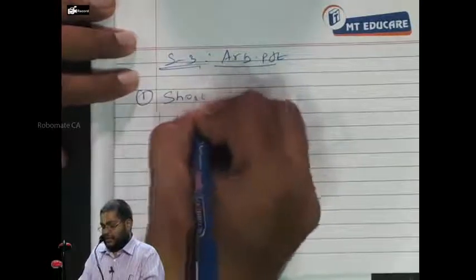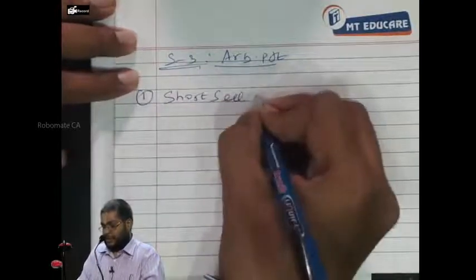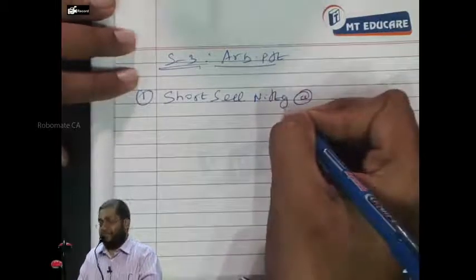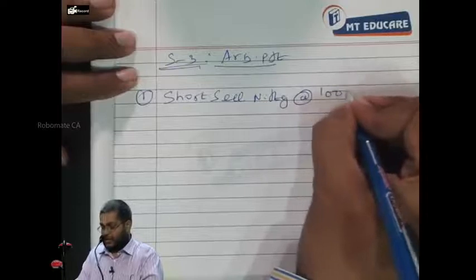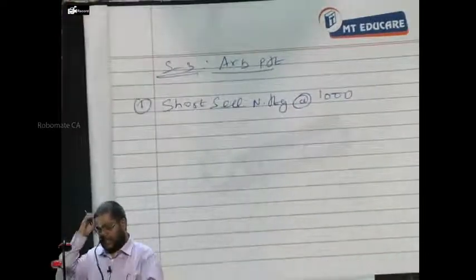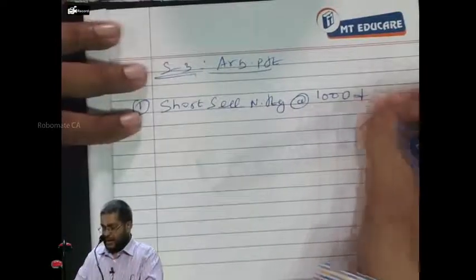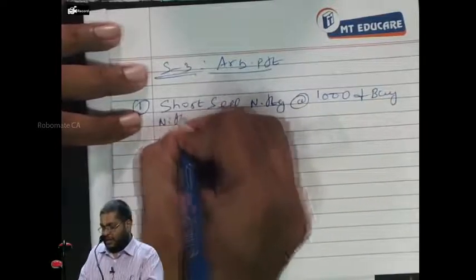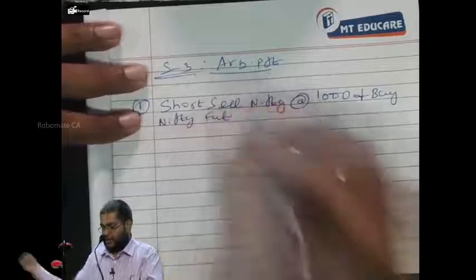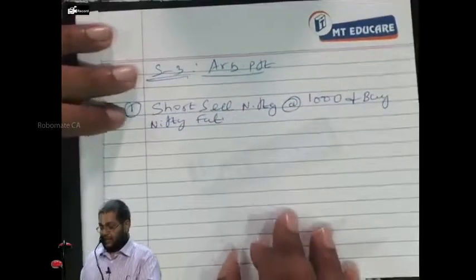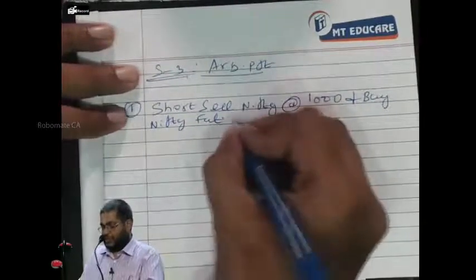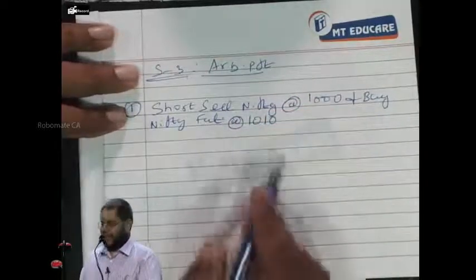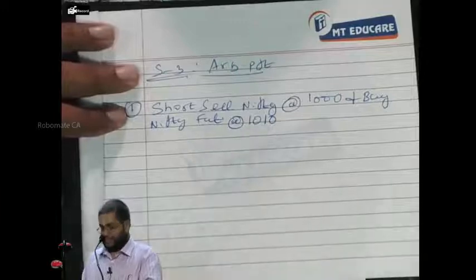Short sell Nifty at the spot price, which is 1,000 rupees. Short sell Nifty at 1,000 and buy Nifty futures at the futures price of 1,010.